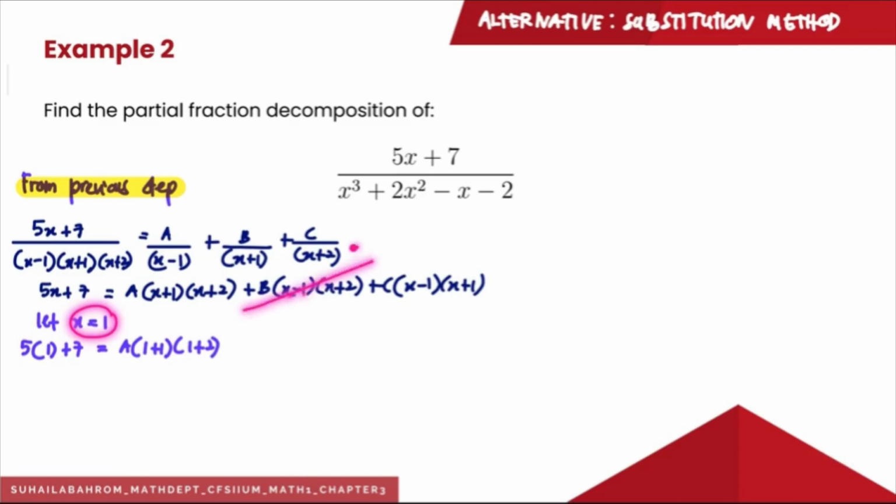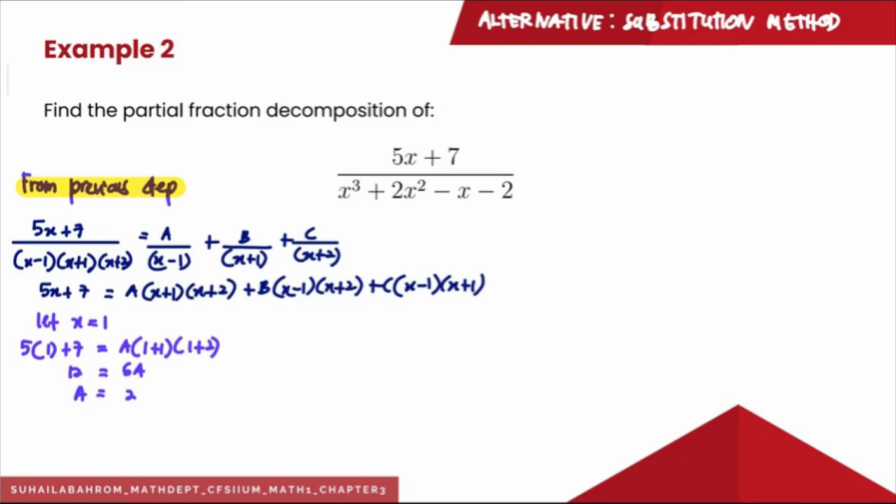So the term of B becomes 0. The same goes for the term of C: when you substitute x equals 1, 1 minus 1, you will get 0. Therefore, what is left is only the term with the constant A on the right hand side. When you expand this, 5 times 1 plus 7, you will get 12 on the left hand side, and on the right hand side 6A. Therefore, directly we get A equals 2.